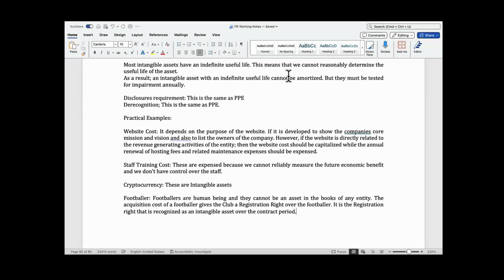But even we accountants are careful saying that you have control over somebody. So we narrow it to a registration right. We narrow it down to the existence of a contract. And that's why we put it as an intangible asset. It's not something you see or touch. So it has really nothing to do with the footballer.